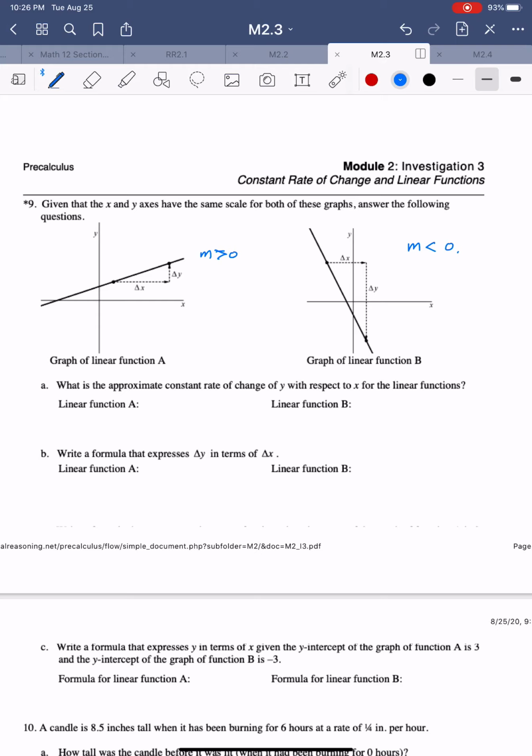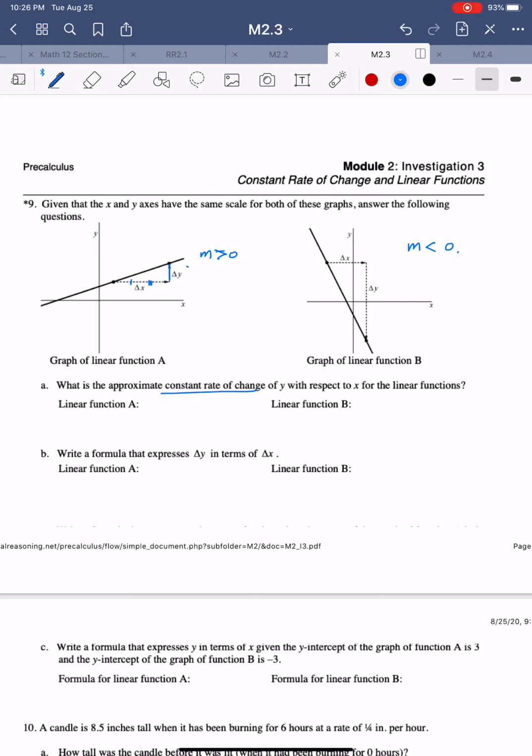What is the approximate constant rate of change of y with respect to x in the linear function? So we are looking for the constant rate of change. They say they're going to use the same scale for both axes. So this length is about, let's say, 3, isn't it?